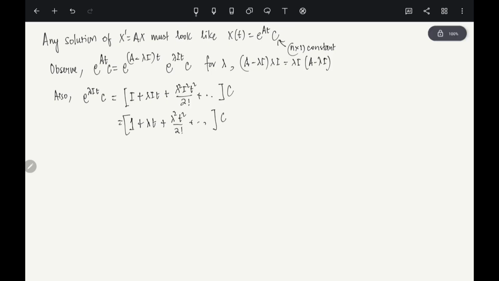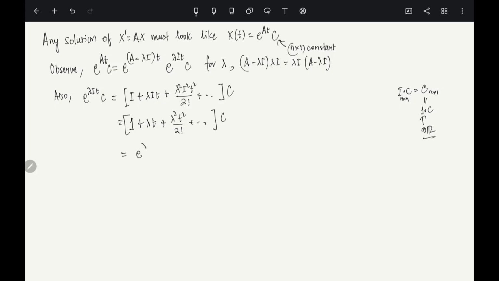Is it okay? Identity times C is the matrix C, an n cross 1 matrix, whatever it is, and identity is n cross n. Now this matrix C is nothing but 1 times C, where 1 is the scalar in R. So we are using that fact here. If you do that, what is this?